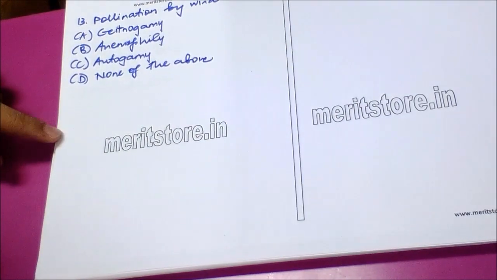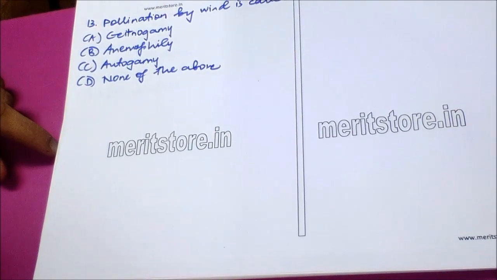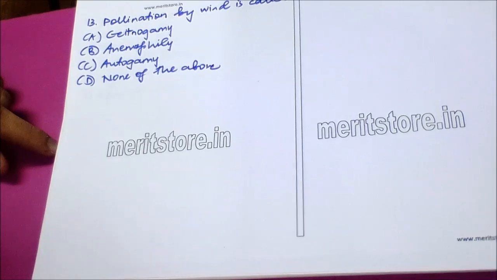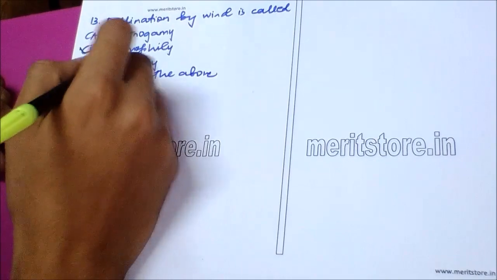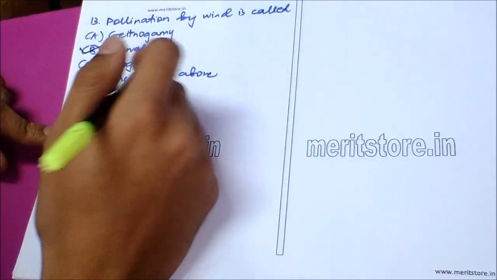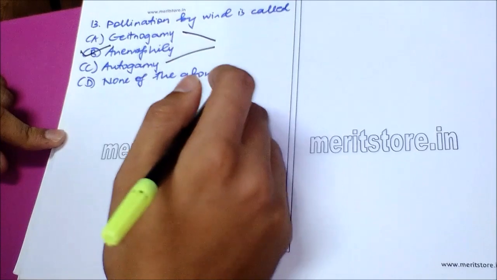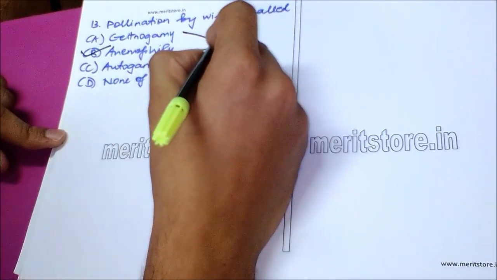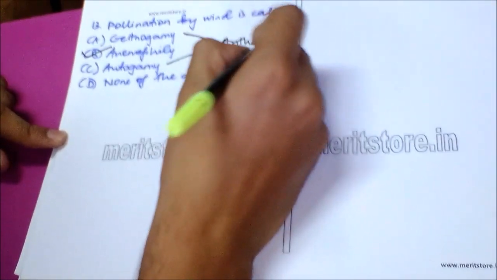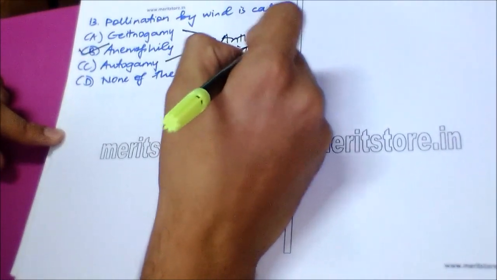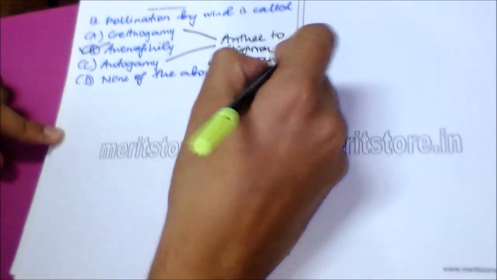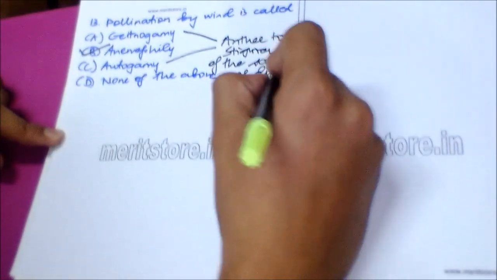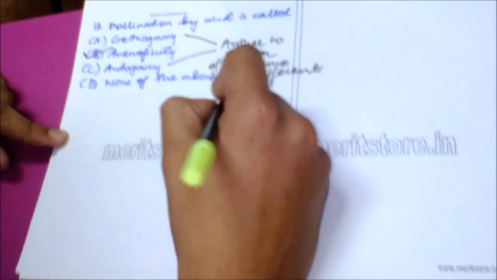Pollination by wind is called option A, geitonogamy, option B, anemophily, option C, autogamy, and option D, none of the above. Here the correct answer is option B, which is anemophily, which is pollination by the agency of wind. Geitonogamy and autogamy are classifications of pollination based on the transfer of pollen grains from the anther to the stigma of the same or a different flower lying on the same plant.